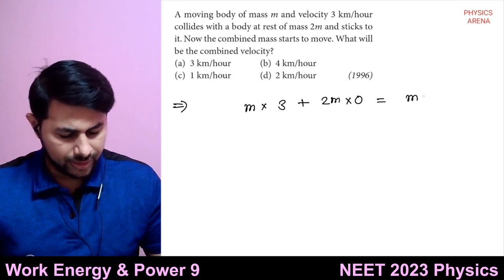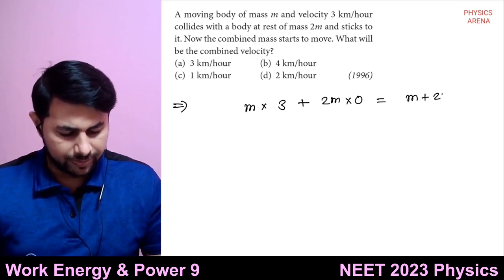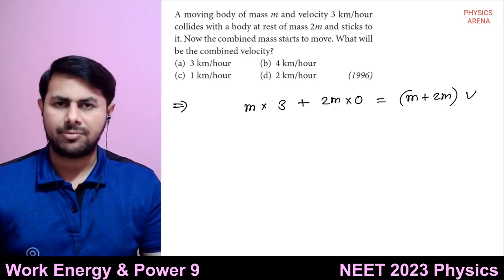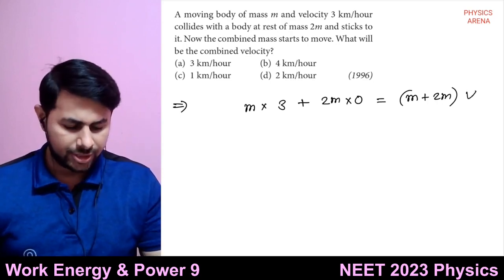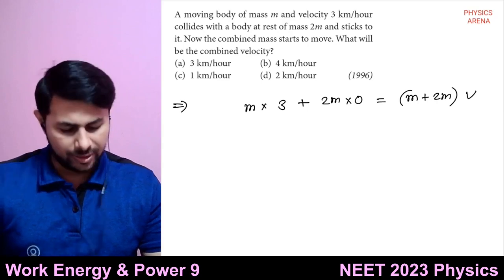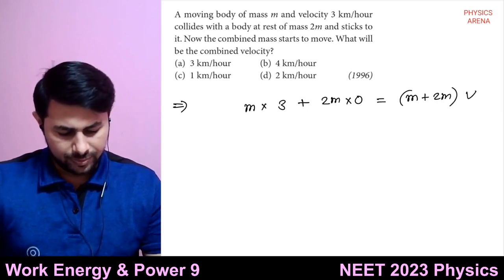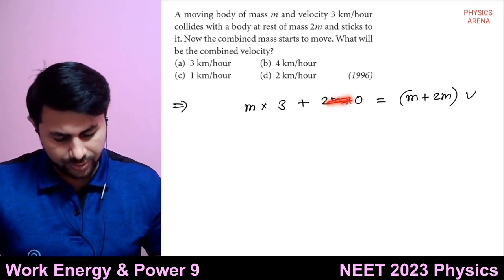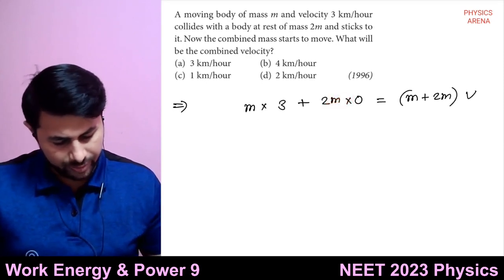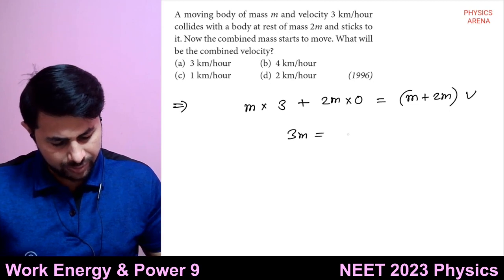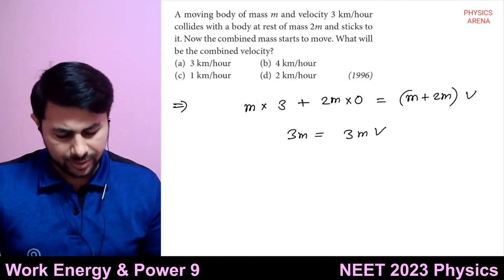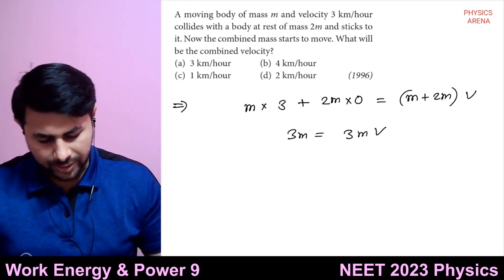So m plus 2m, that is 3m, is the total mass, multiplied by some velocity v. So total initial momentum equals total final momentum, right? So this is 3m times 1... 3m equals 3m times v, 3m and 3m get cancelled, so v is equal to 1 kilometer per hour.